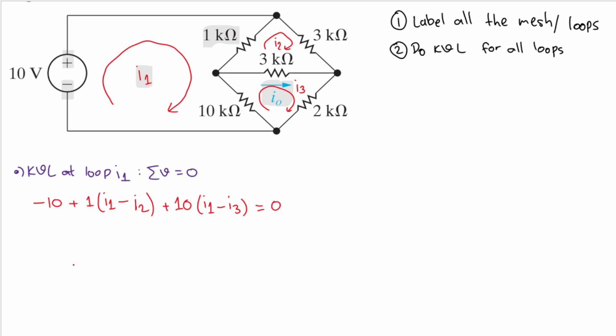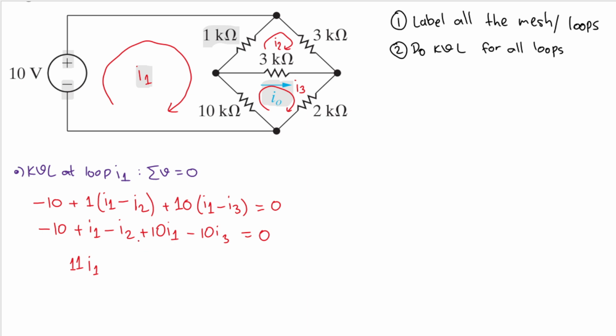Maybe let's do some mathematics here. We'll have minus 10, and 1 multiplied by this is just I1 minus I2. Let's distribute this 10, so we will have 10 I1 and then minus 10 I3. All of that will equal 0. I1 plus 10 I1 will be 11 I1.